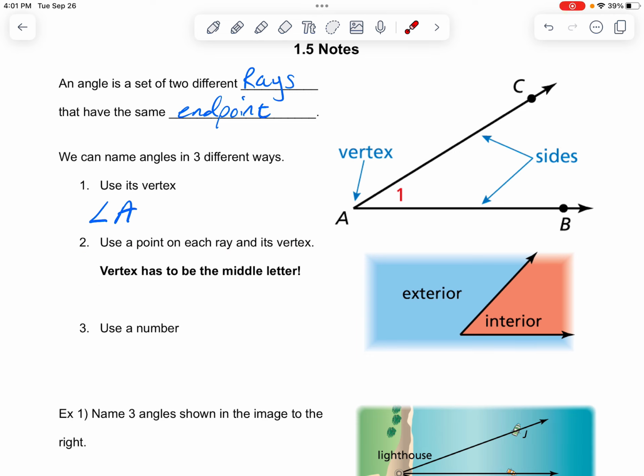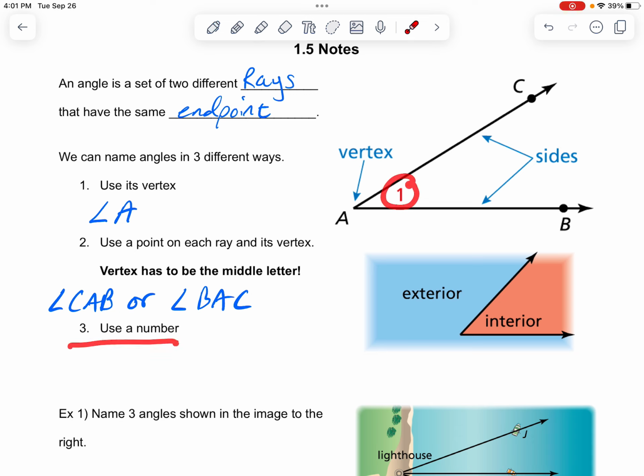If I trace the angle, I could call this angle CAB, or angle BAC. So that vertex always has to be the middle letter. So again, angle CAB or angle BAC.